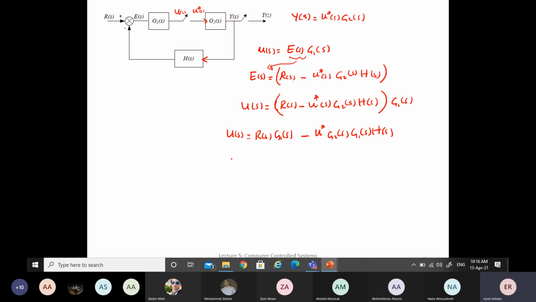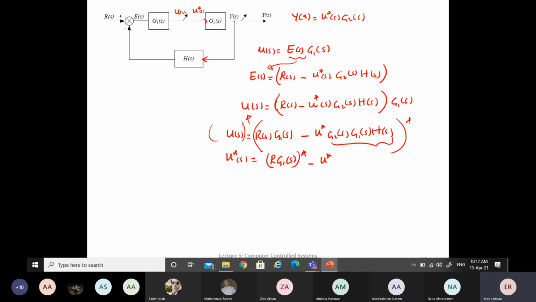Take the star Laplace transform of this, so U star of S equals the star of all of this. First multiply them: this term R of S times G1 of S becomes RG1 of S, and I take the star, meaning I multiply them and then take the star Laplace transform. Minus, if you look at this, it is already star, so I can exclude it. This is U star because it is already star discrete.